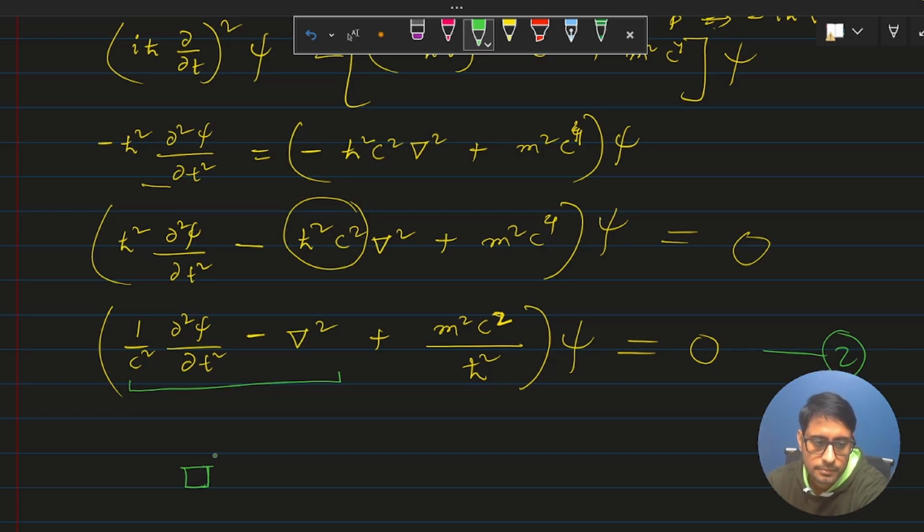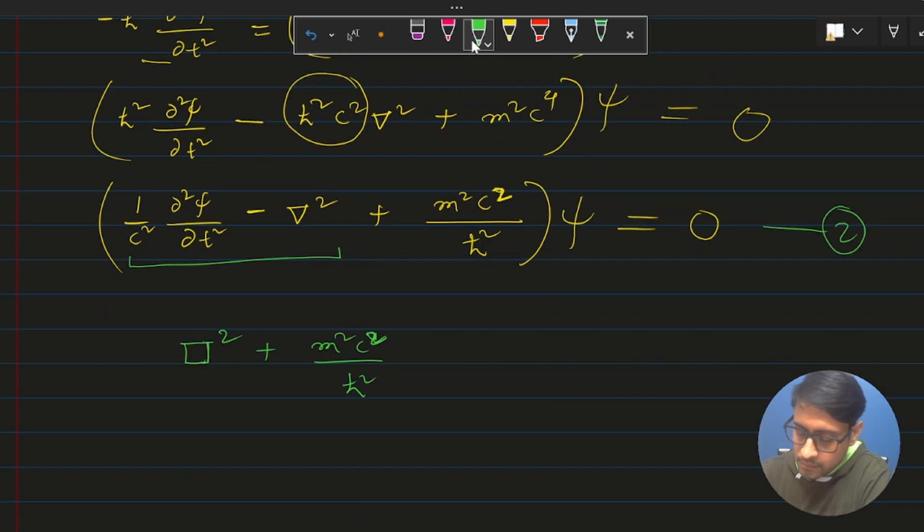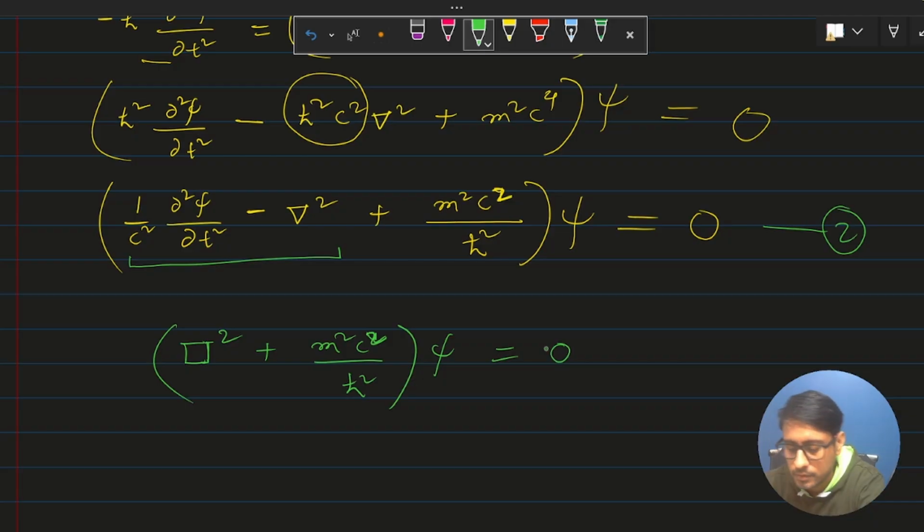Basically this is written as the box operator squared, the second derivatives acting, then it becomes the square of the box operator plus m square c square over h bar square acting on psi gives you 0. So this is how it is written.